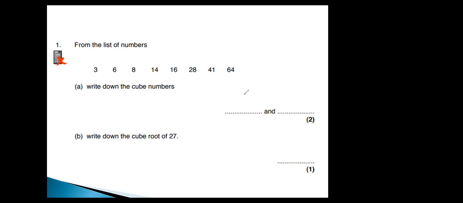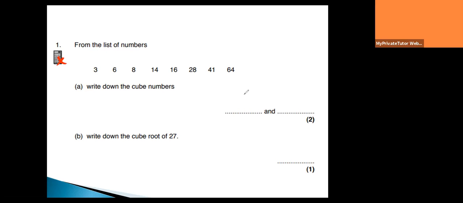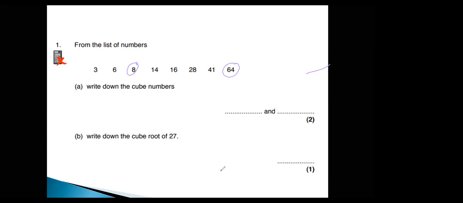8 and 64. Okay, very good. Let me go through the question first: find from the list of numbers, write down the cube numbers. Your answer is 8 and 64. Very good, good start. What about part B? 3 to the power 3.